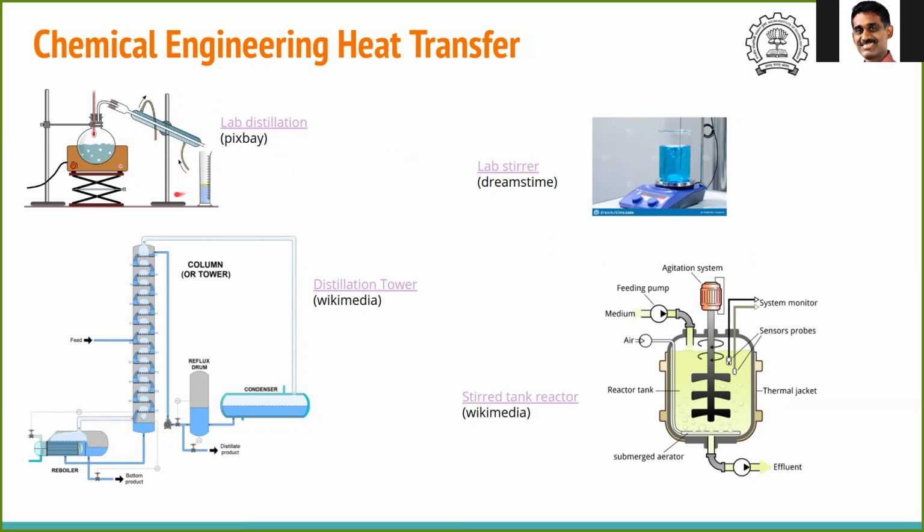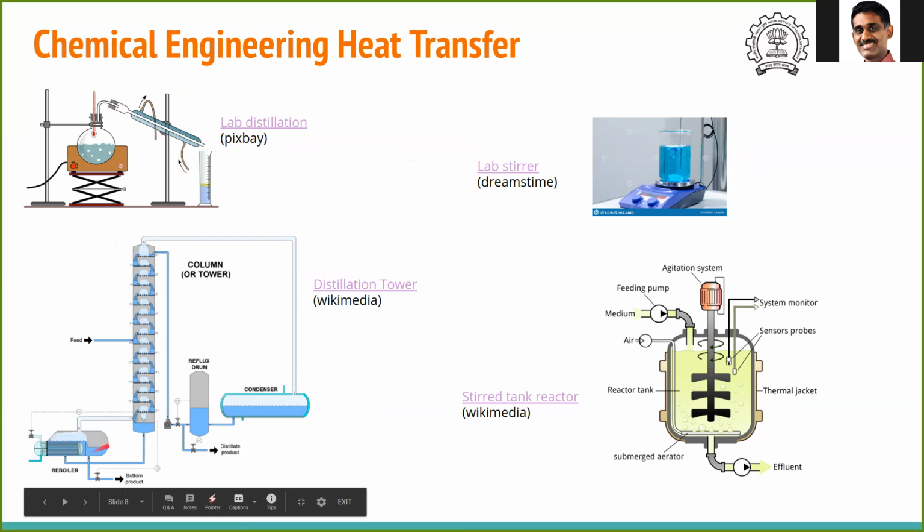So, what you see here as a small heater is, in the industrial sense, called a distillation column or a tower, and this boiler, called a reboiler, actually provides the heat to this column, just as you have a burner here.